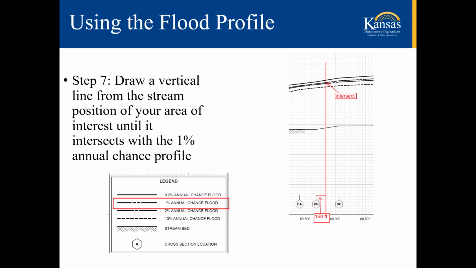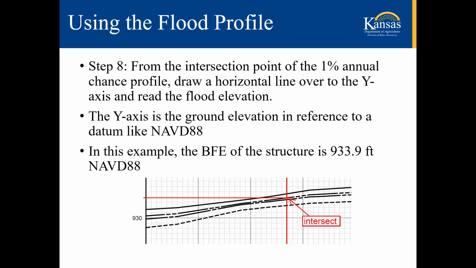Once you have hit that point, you can draw another line going all the way to the left, and that will tell you what the base flood elevation is. So again, where it intersects with the 100-year flood, you go all the way over and it tells you what that number is, depending on what the intervals are on the y-axis, but it's typically like 1 foot for every line.